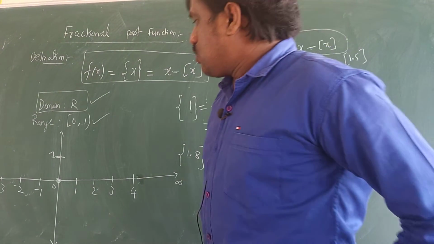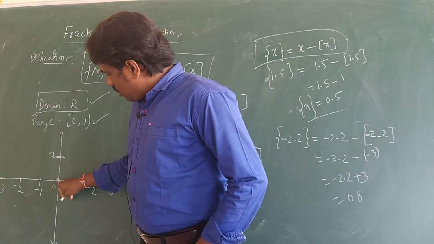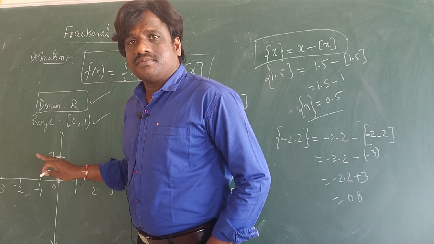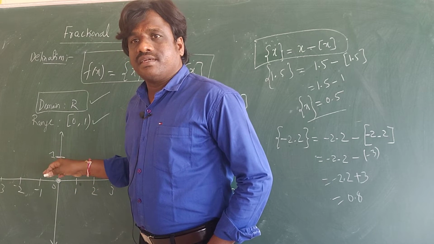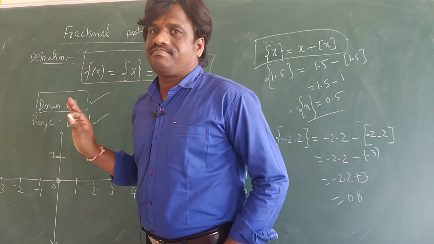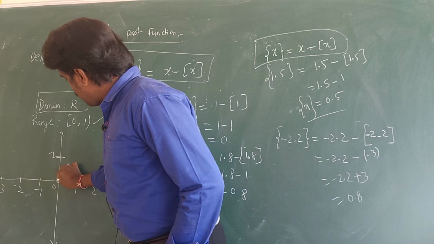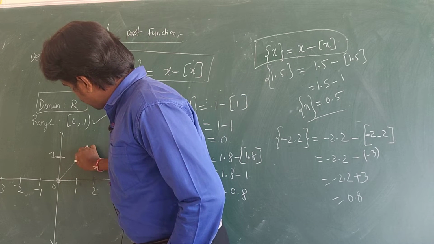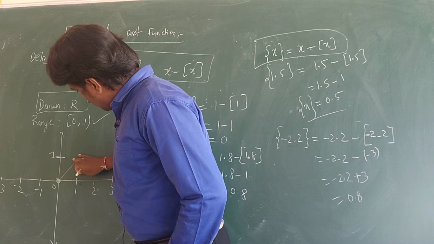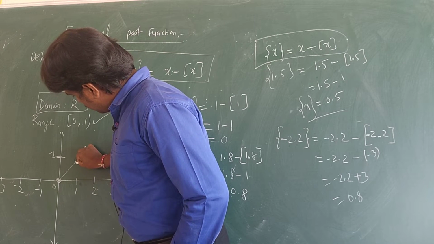So I can give 0 to 1. The output will reach till where? It can reach 1 but not be 1. So the answer for 0 to 1, the fractional part result, is this.